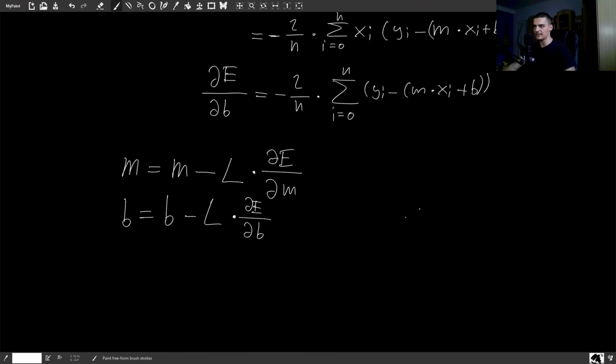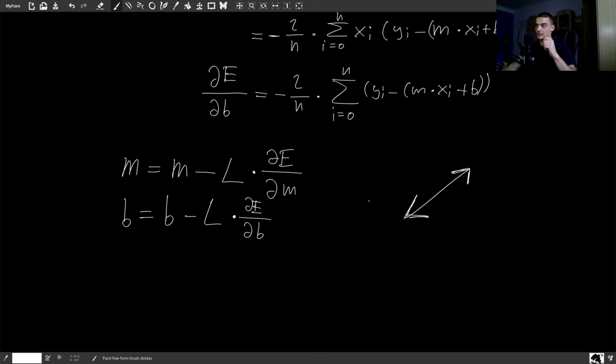So we know, okay, in this direction, let's say we increase the error the most. So what we do is we just go in the opposite direction, and we do that with each iteration because it changes, right? Sometimes in this direction it's going to be the steepest ascent, then in another direction, then again in another direction, especially if we don't just deal with two variables, but with many different variables.